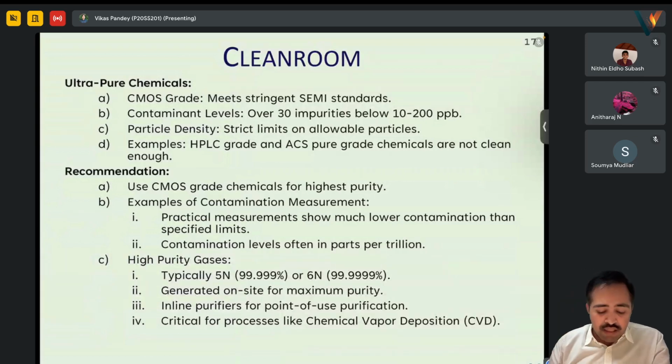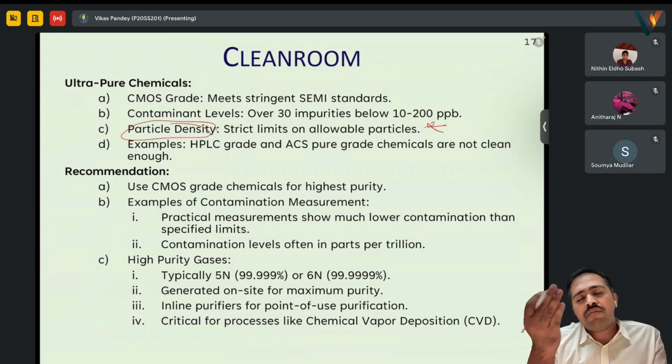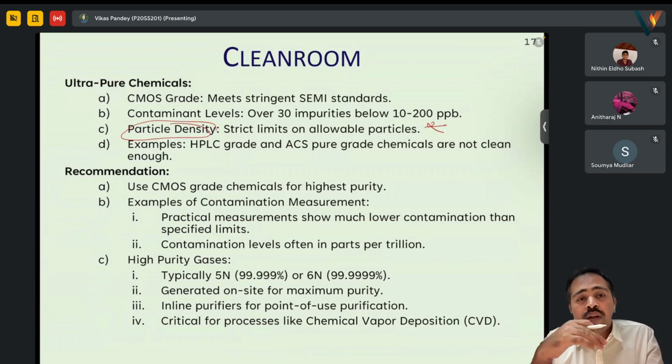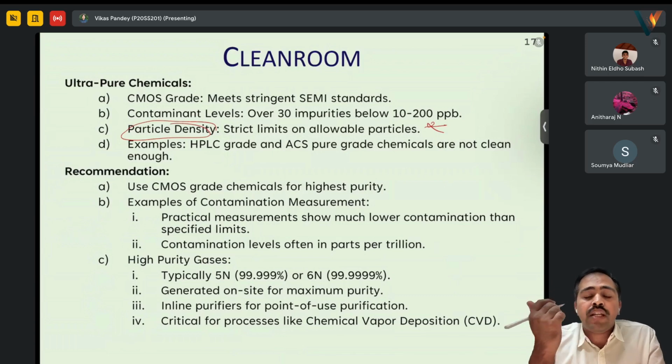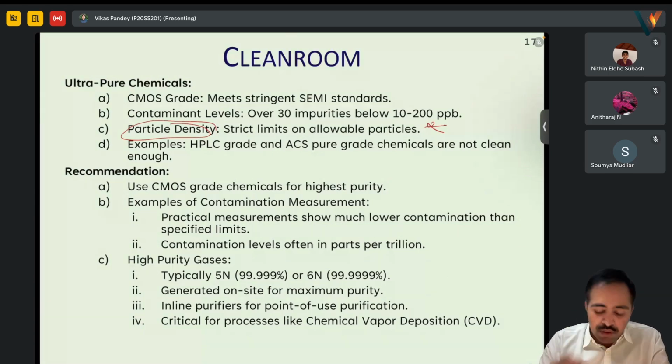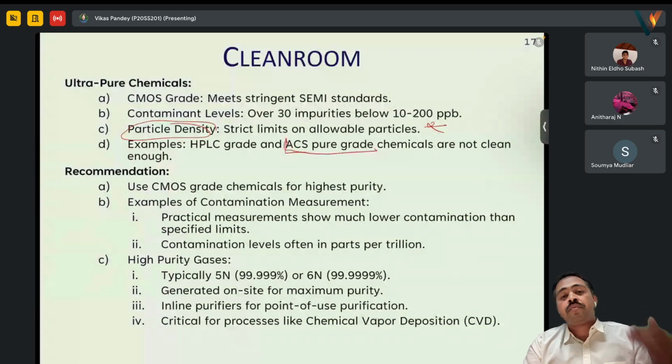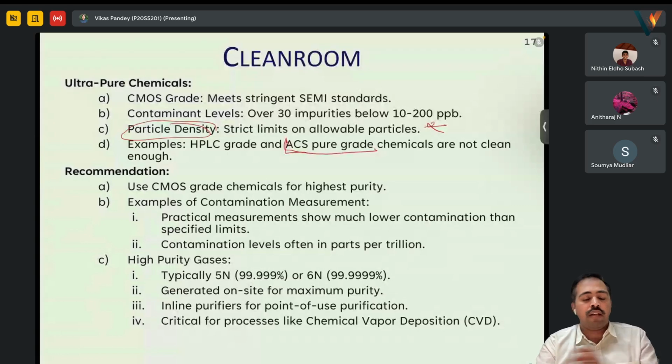Particle density is actually covered in the clean room itself, but the chemicals that we get also have to be very clean in terms of particles. Like you see HPLC grade or ACS pure grade chemicals. ACS is the American Chemical Society, right?